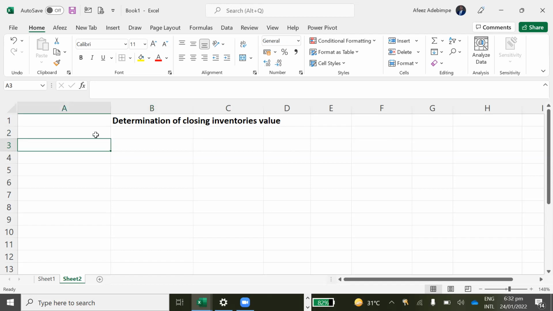So to start with, let me say calculation of cost. I want to determine the cost.